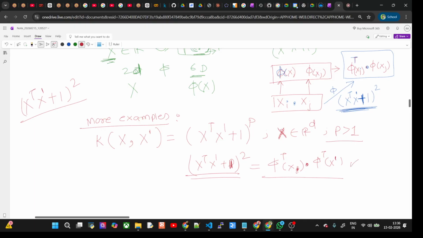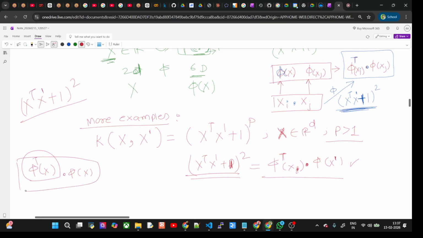So you have seen the dot product you calculated, phi transpose xi into phi of x prime. If you are able to calculate the dot product, I'm not saying calculate phi of xi separately, I am directly saying calculate the dot product.